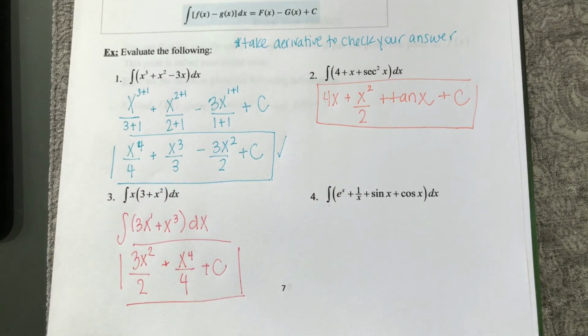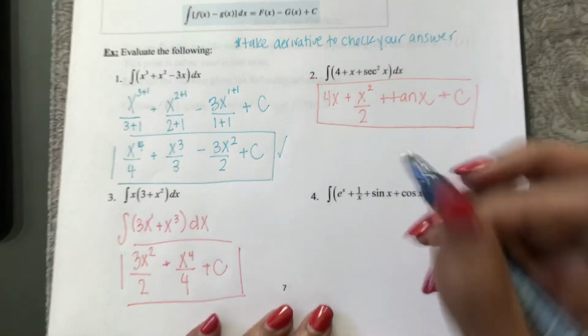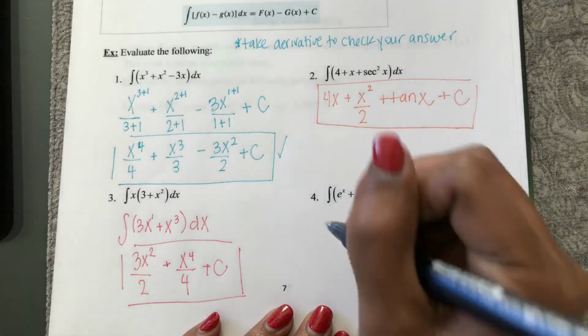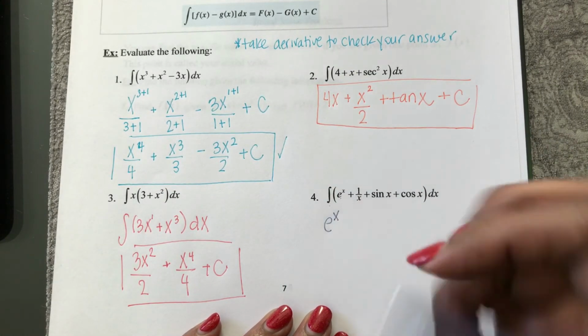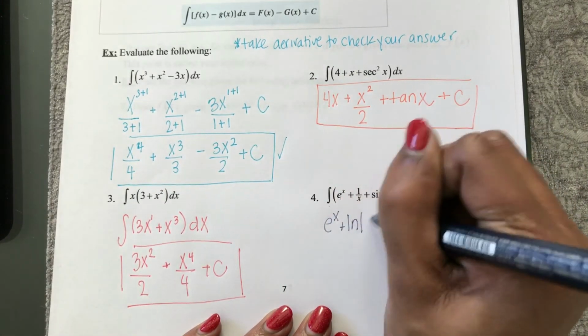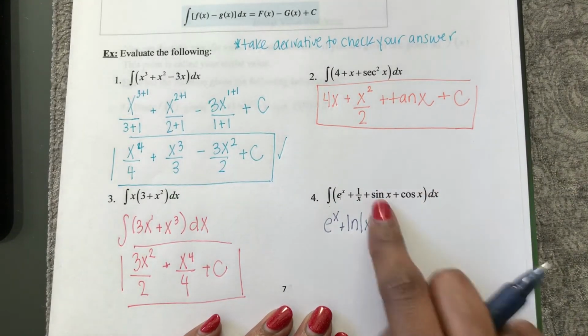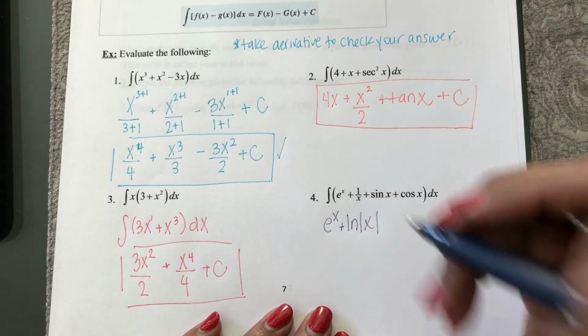And last but not least, here in number 4 on this page, what's the antiderivative of e to the x? e to the x. What's the function whose derivative is 1 over x? Well, that is ln of the absolute value of x. Which derivative gives you sine x?